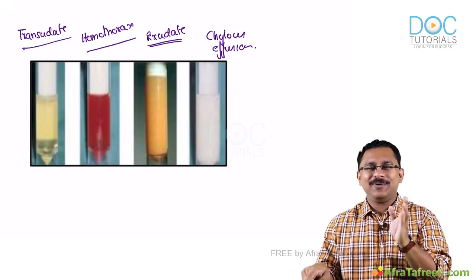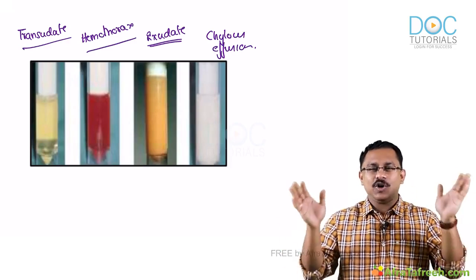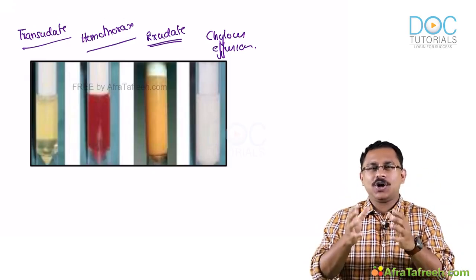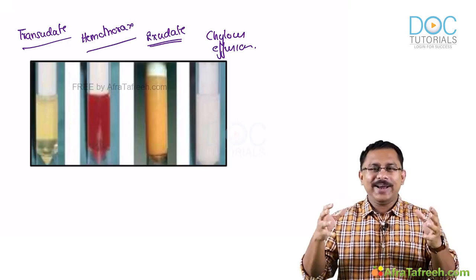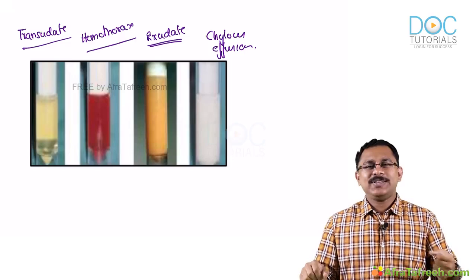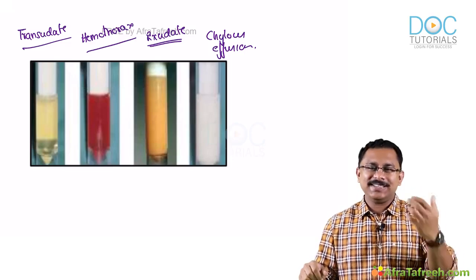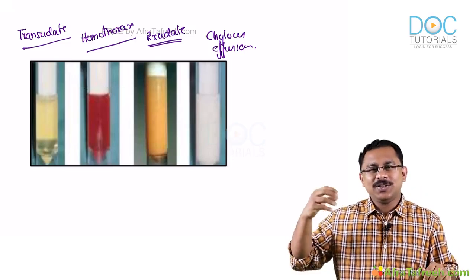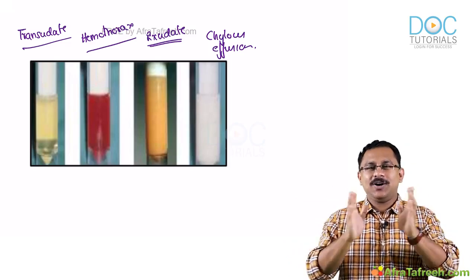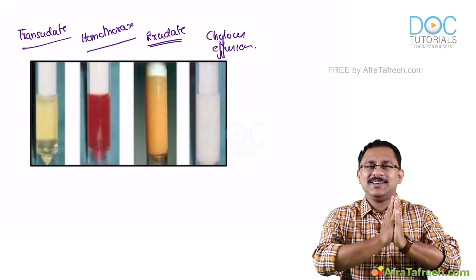So far what have we learned? We understood the normal pleural fluid dynamics. We understood what all types of fluid accumulation can occur in the pleural space. We saw the causes of transudative effusion. We saw the causes of exudative effusion. And remember, always the order is pneumonia first, the most common cause.